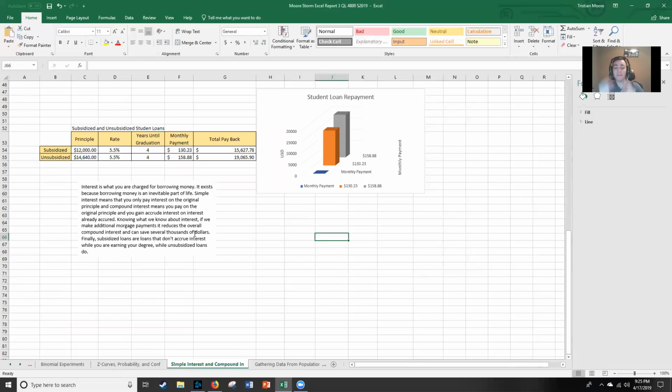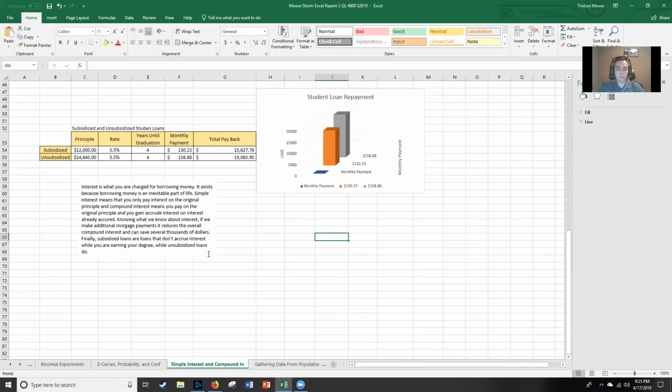And then you add that, and the next time that interest is applied, it's going to apply to the 4 plus the $1 of interest, so 5. So instead of 25% of 4, it's going to be 25% of 5 now. So that's compound interest. Knowing what we know about interest, if we make an additional mortgage payment, it reduces the overall compound interest, and we save several $1,000s.